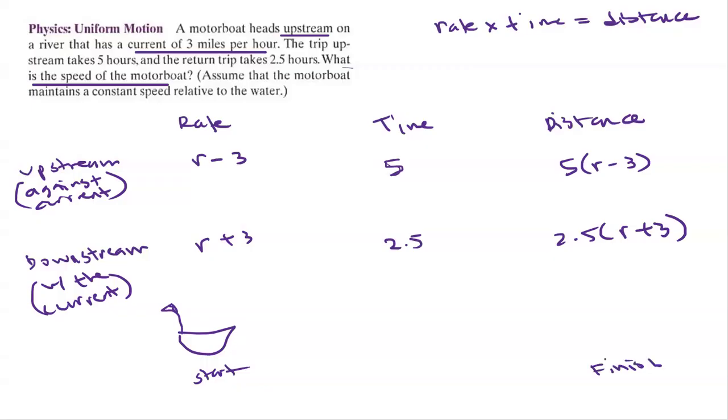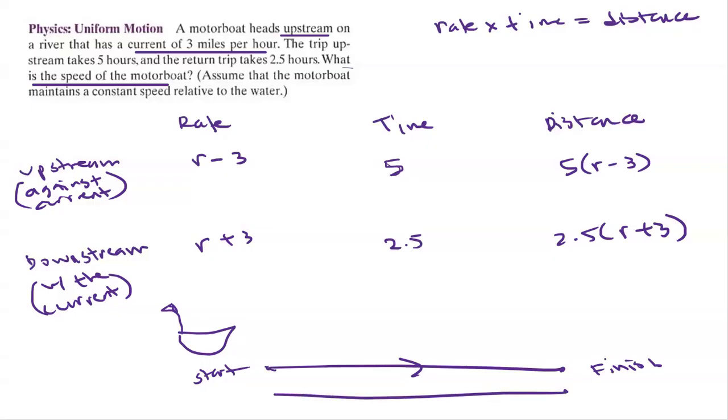So I'm starting here and finishing here, right? When I go upstream, I go this direction. Then I go back downstream to the starting position. Now I go downstream. What do you notice about the distance between the two?